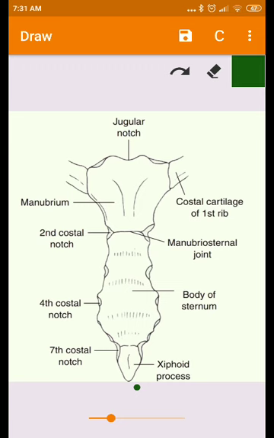And coming to the xiphisternal joint, this is a synchondrosis type of joint articulating the body of the sternum with the xiphoid process.